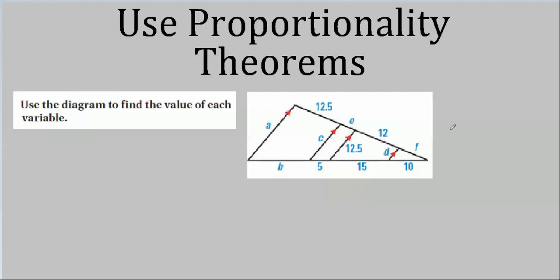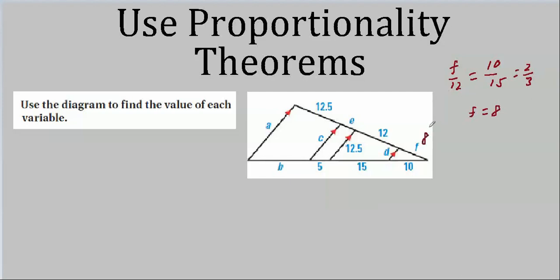Or another way of writing that is that f over 12 equals 10 over 15. And with a little bit of rearranging here, I mean, this is obviously equal to 2/3. Multiply through and we get 24 divided by 3, or f equals 8. Might as well put that in.